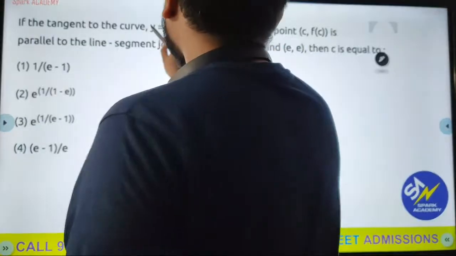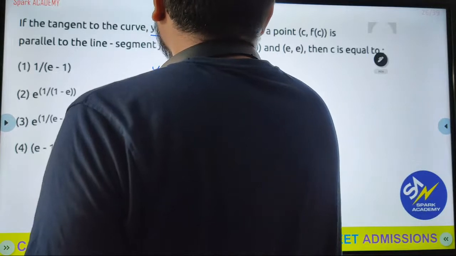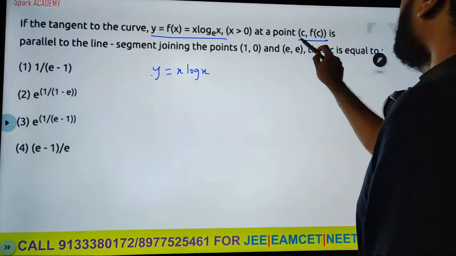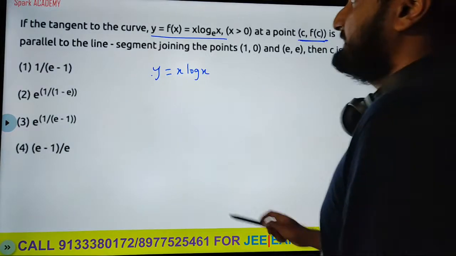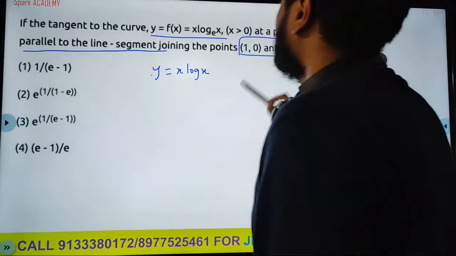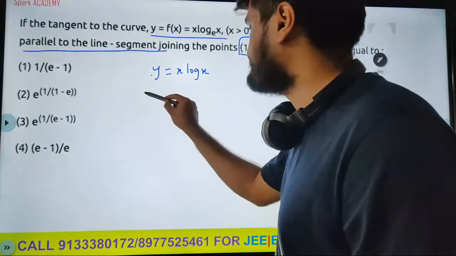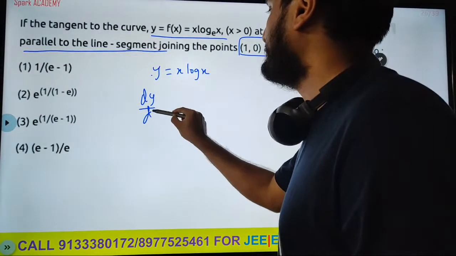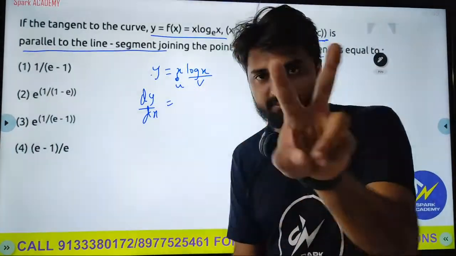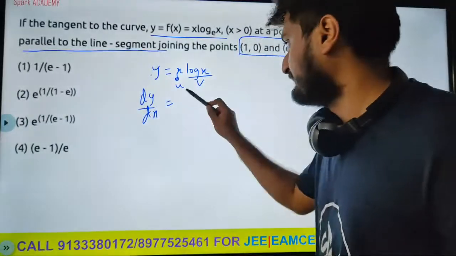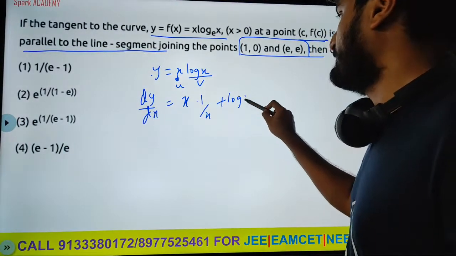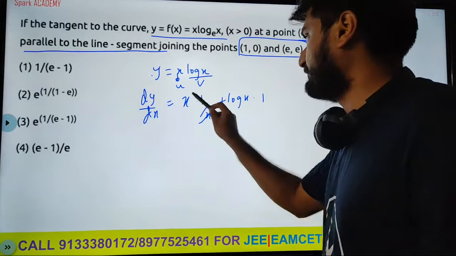So what about this? The tangent to the curve y equal to x log x at a point c comma f of c is parallel to the line segment joining. Again, it's a parallel condition. Parallel means dy by dx, wherein again I will use the UV rule because it's a multiplication of two functions. x into the derivative of log x, which is 1 by x, plus log x into the derivative of x, which is nothing but 1.